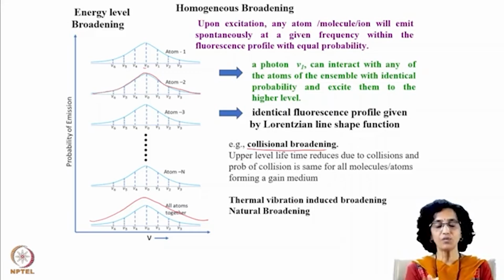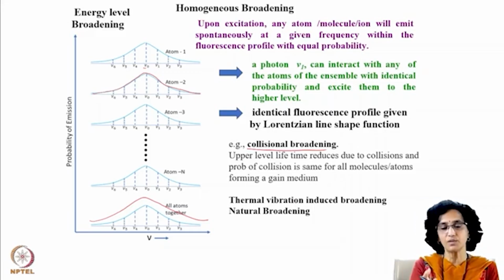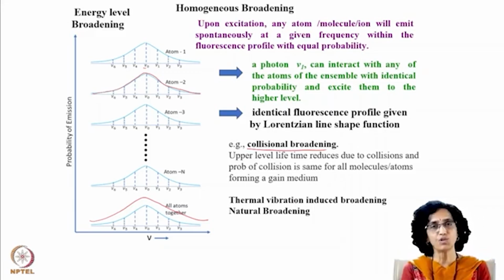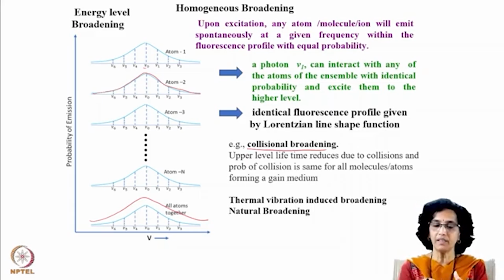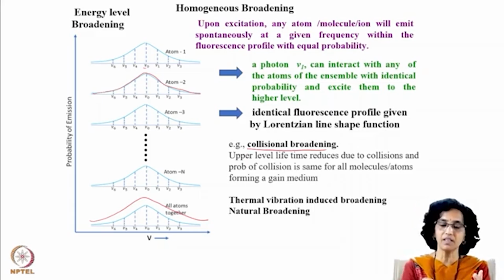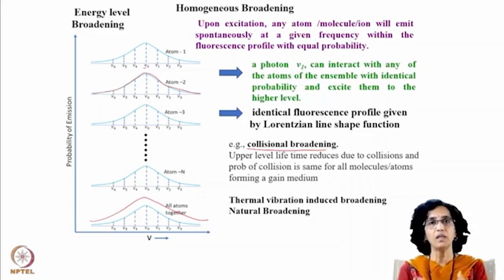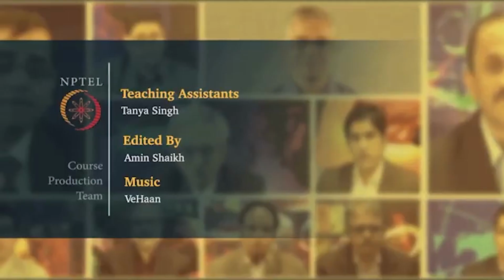We have also touched upon homogeneous broadening, where all the molecules which constitute the ensemble are identical and have the same fluorescence profile. So they have the probability of emission within that fluorescence profile with equal probability.